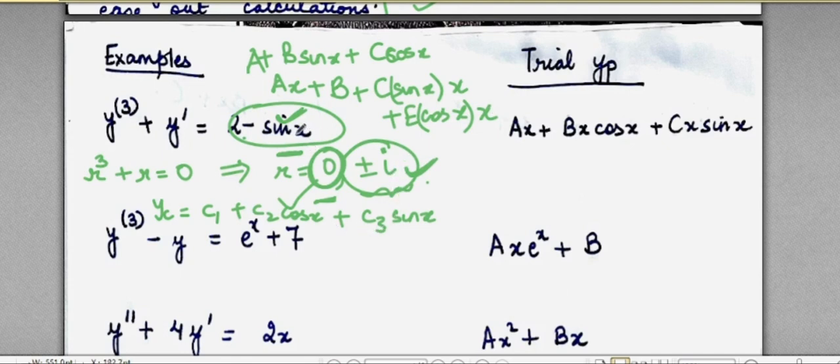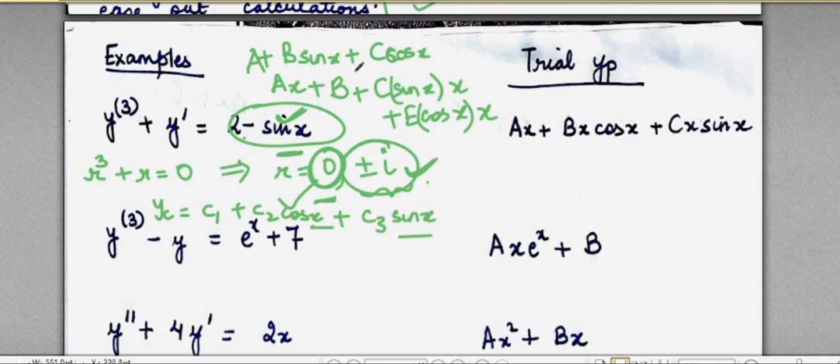So instead of normal trial yp for sin x, you will write for x sin x, which is cx sin x plus ex cos x, and after differentiating these terms you will either get x sin x type terms, x cos x type terms, sin x type terms, or cos x type terms, which are already appearing in yc, so you don't have to bother about them.